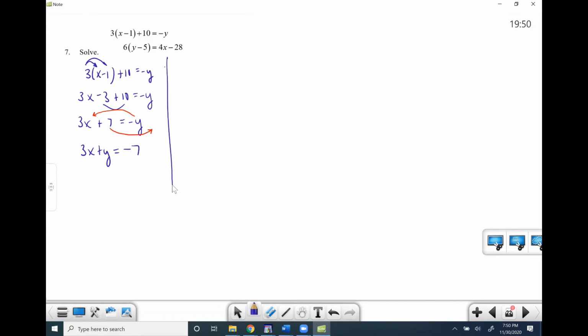We're just going to do the exact same thing for this other equation. We'll add 30 because we know the numbers need to go on the right-hand side, so we might as well get the numbers over to the right. And then shoot this guy over to the other side.